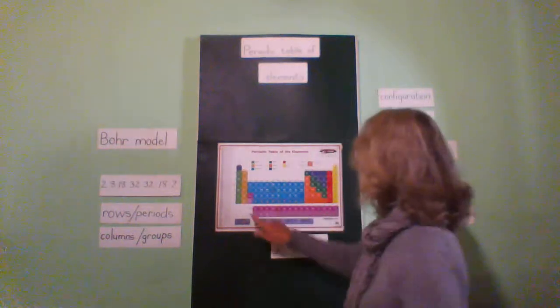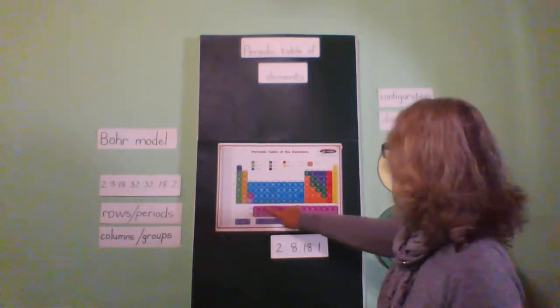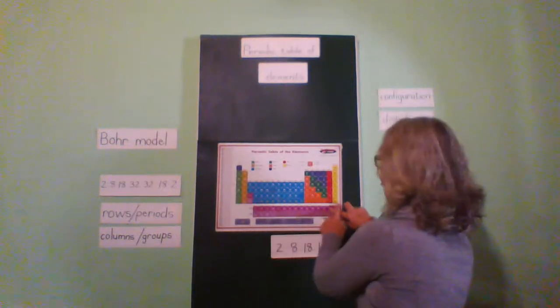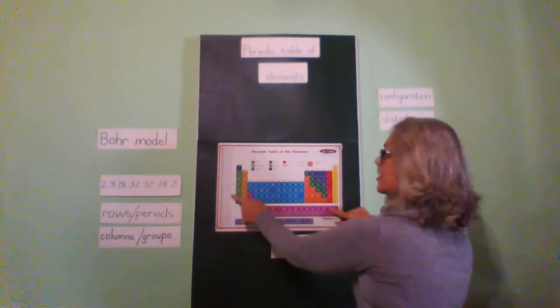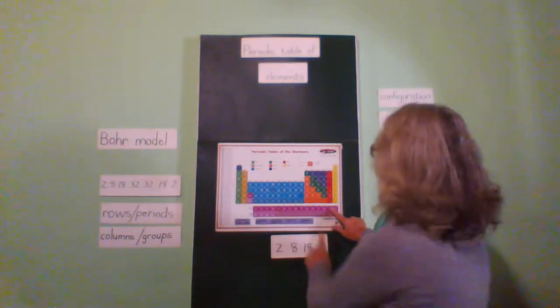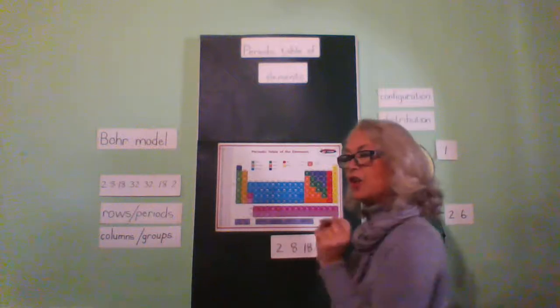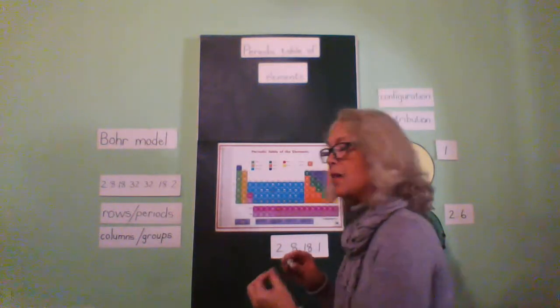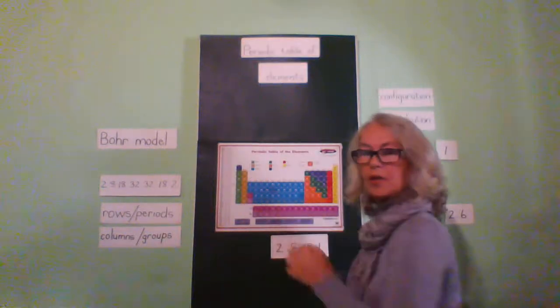Why? All these elements that you see here belong to row 6, which means all these elements have 6 energy levels, but they all belong to group 3 because they've got the same amount of electrons on their outer shell as those in group 3.